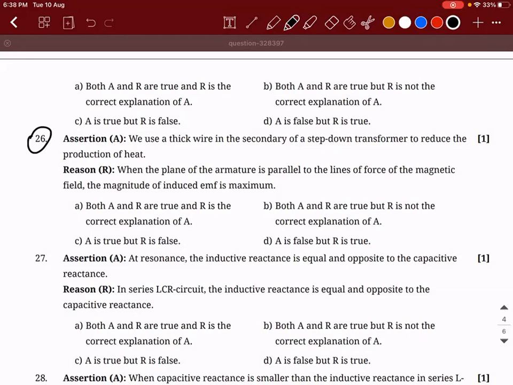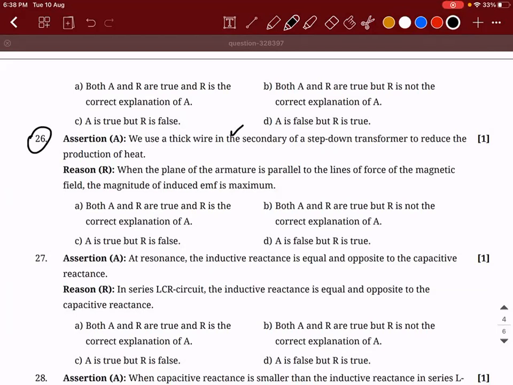Option B. Option D, 2 or 4? Option 2. How did you say? We use thick wire in the secondary of the step down transformer to reduce the production of heat. That's right.